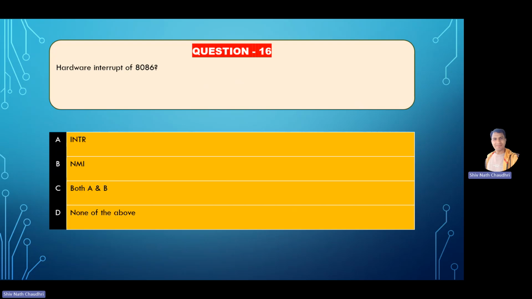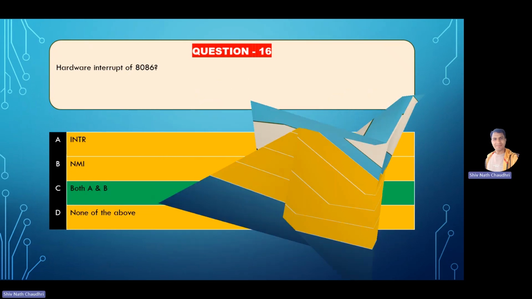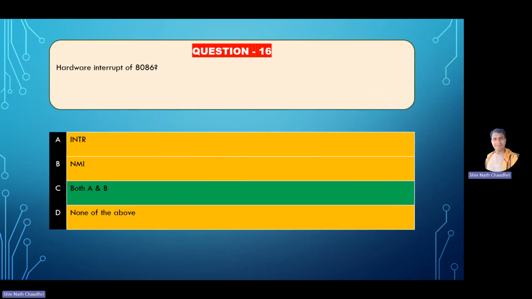We will find both INTR and NMI pins in 8086, so both A and B. Yes, C is the right answer: INTR and NMI are both hardware interrupts of 8086.